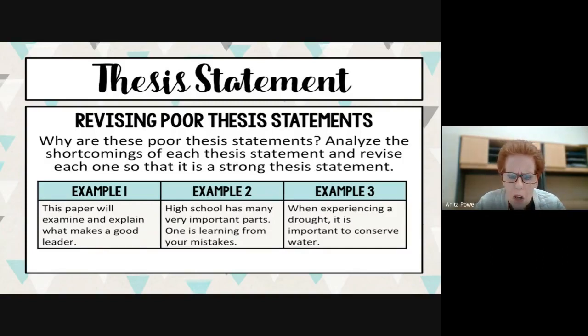Here, once again, we need to be specific. We need to also address some of our ideas that we're going to see later in the essay.